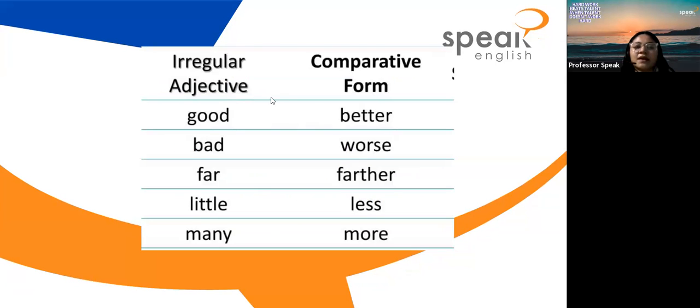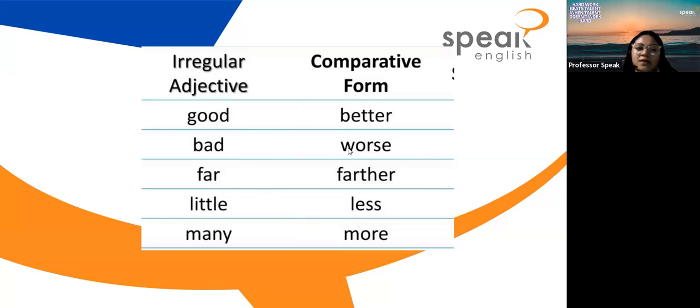Okay, and in here I have the irregular adjective, and here the comparative form. So good is going to be better, bad is worse, far is farther, little is less, and many is more. Those are the irregular comparatives. Remember that when we say irregular, it means that it doesn't follow any rule, right?